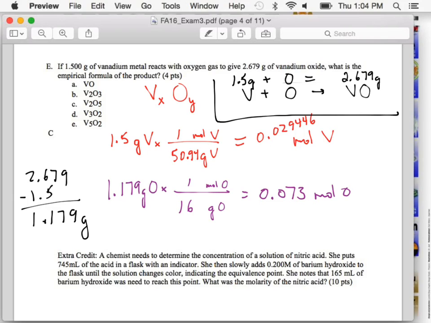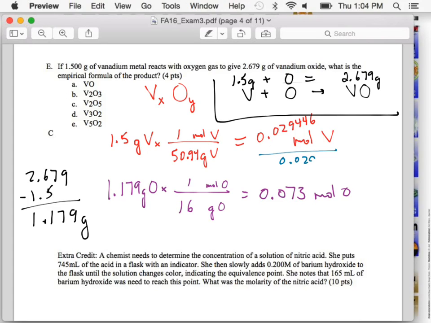moles of oxygen, which then means I could write out my empirical formula as vanadium 0.029446, oxygen 0.073. Does that look reasonable? No. So what did I tell you to do? Divide by the smallest number. Which is the smaller number, 0.02 or 0.07? Okay, 0.02.